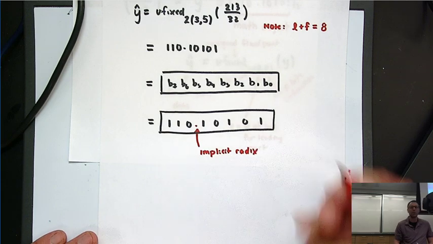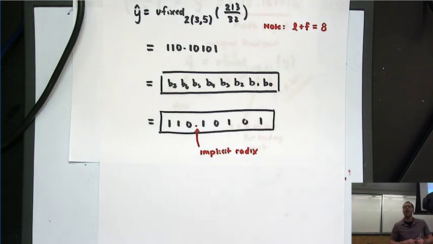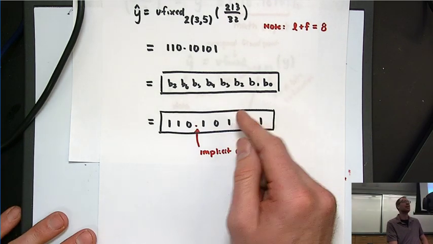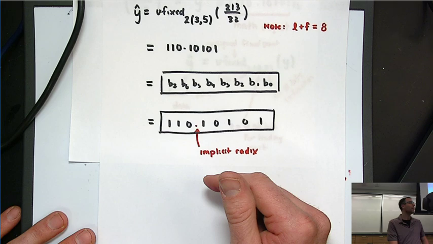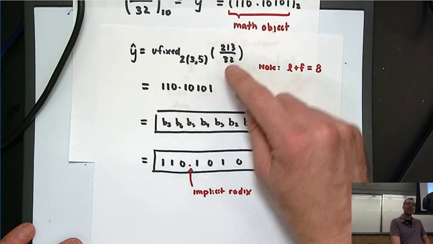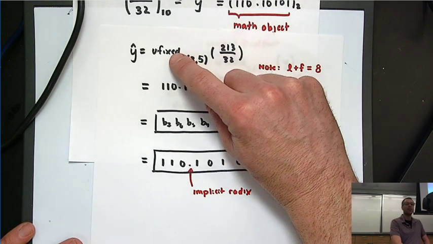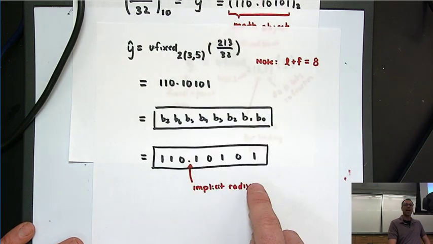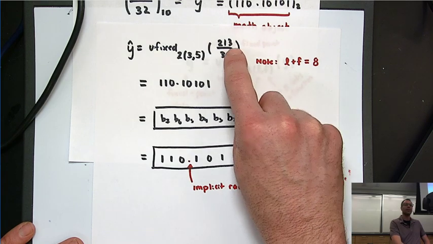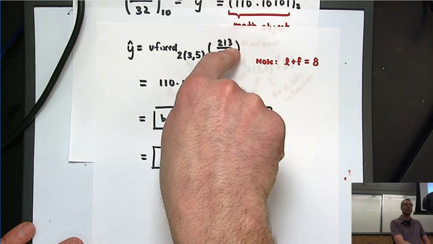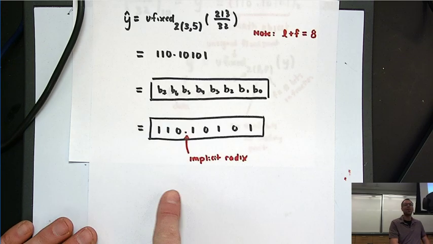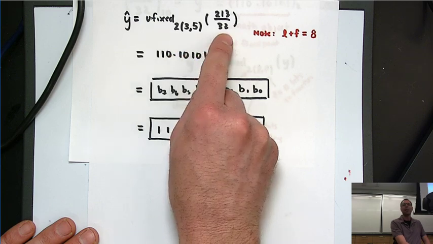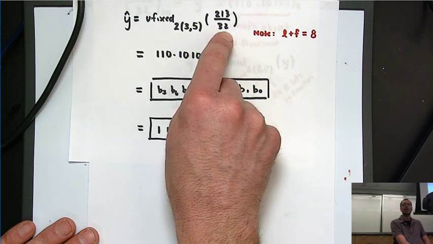What do I mean by an implicit radix? Am I actually storing where the point is when I write that data into memory? No. Specifically, when I have this unsigned fixed integer, this string of bits actually represents the number 213, and the location of the radix is indicated by the power of 2 in the denominator.